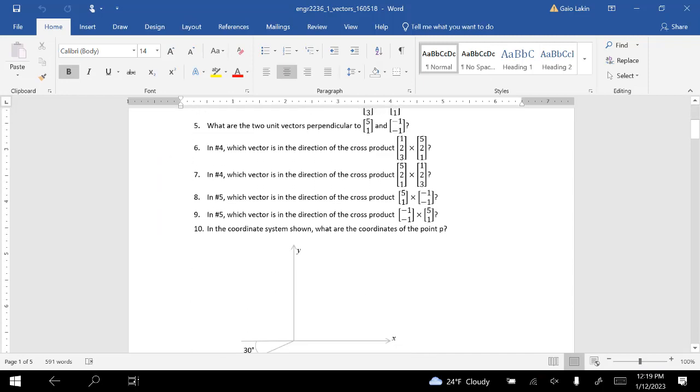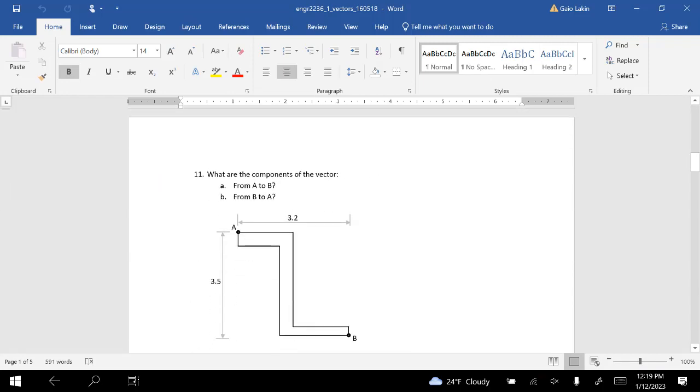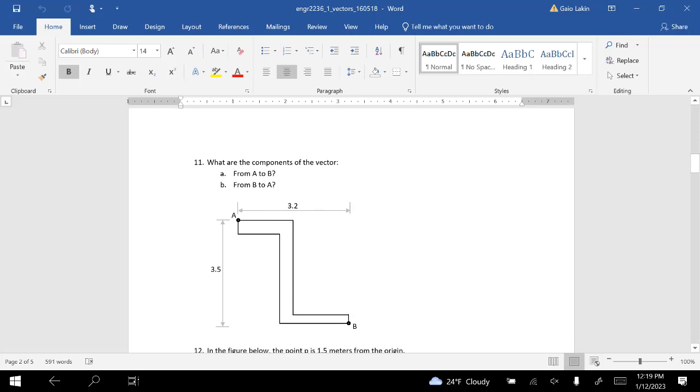And then number 11. Okay, so what are the components of these two different vectors from A to B and B to A? So for a vector that goes from one point to another point, you can get that by coming up with the coordinates of those two points and subtracting the destination point minus the starting point.